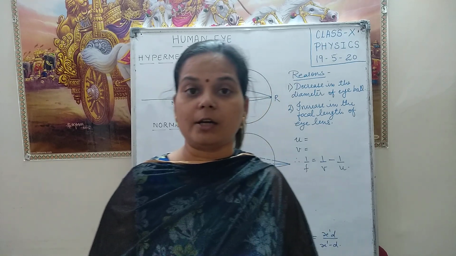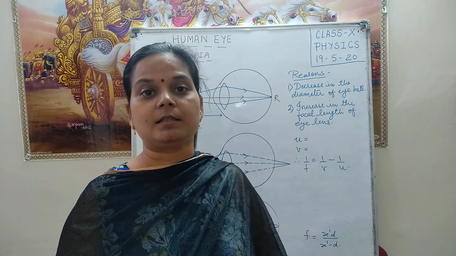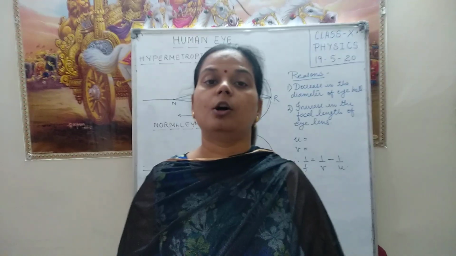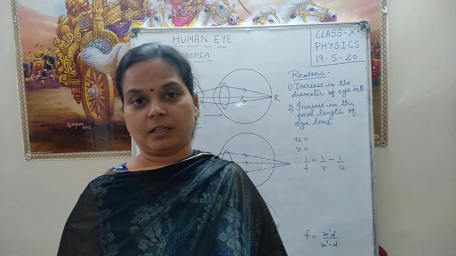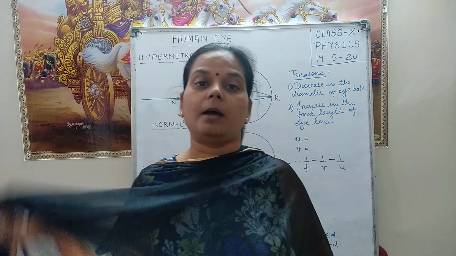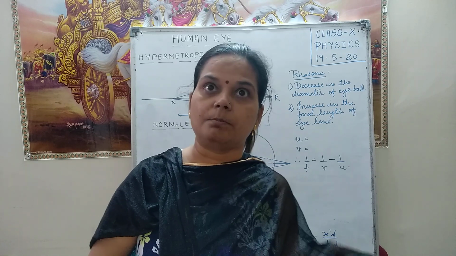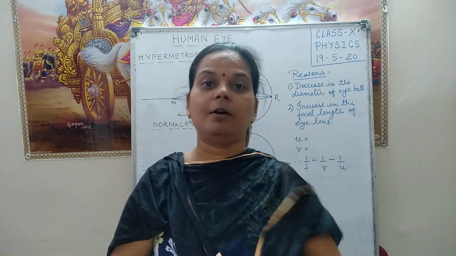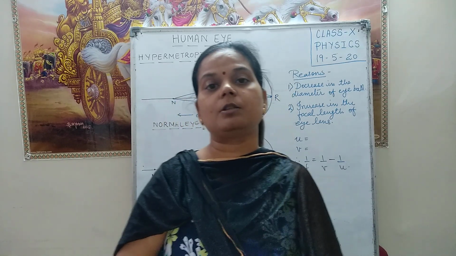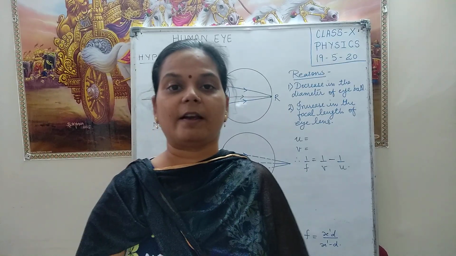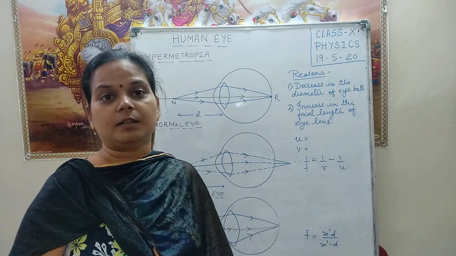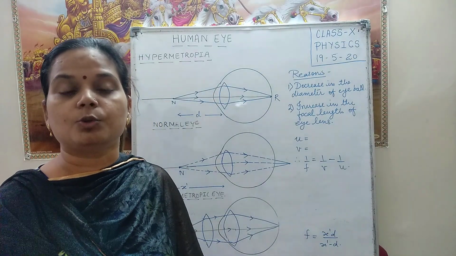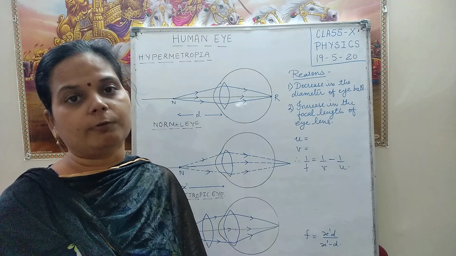So what does it mean? That our eyes are not able to reduce their focal length beyond 25 centimeters. So that means the ciliary muscles have the capability to reduce the focal length up to 25 centimeters only. So we have done that this 25 centimeter is known as the near point of human eye.